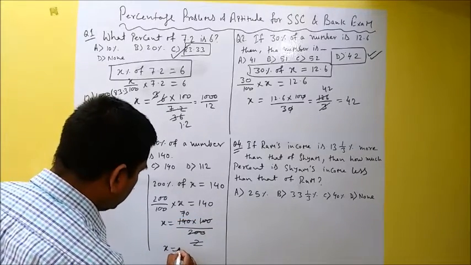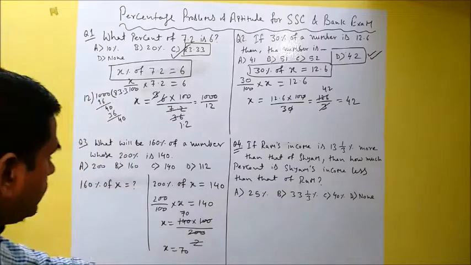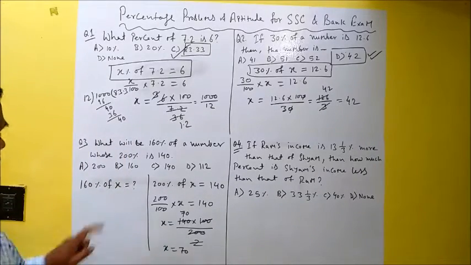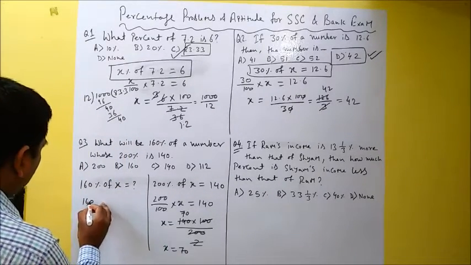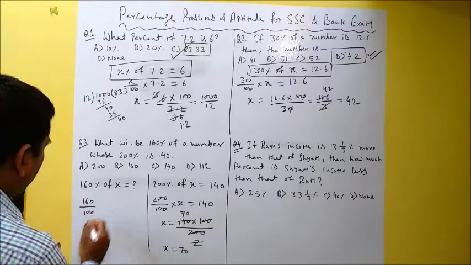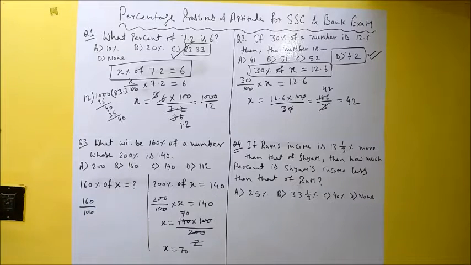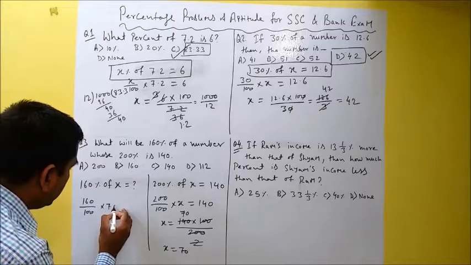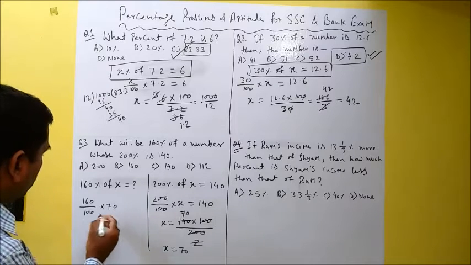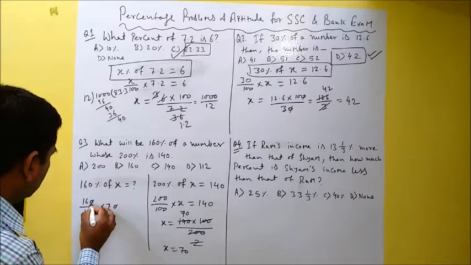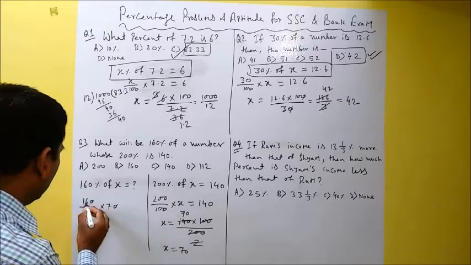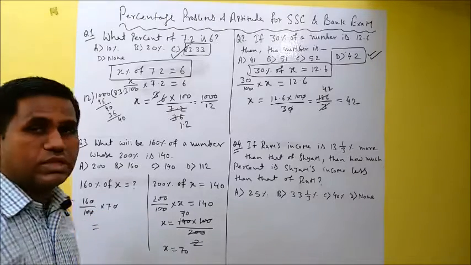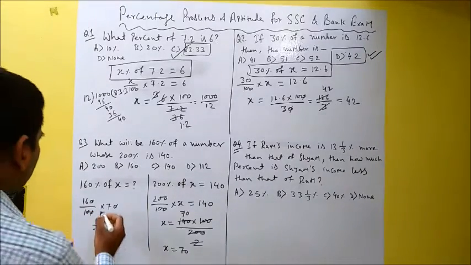So the value of x is 70. Now this value we will place here. So 160 upon 100 multiplied with 70. So this is gone, and then if you multiply 16 into 7, you will get the answer.